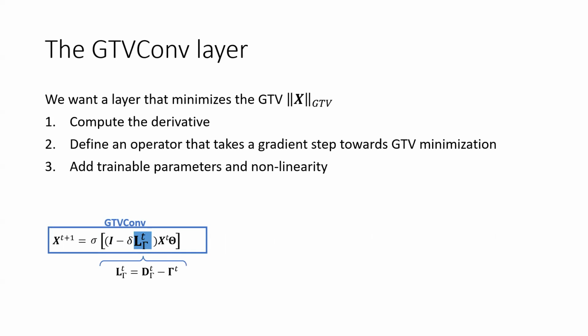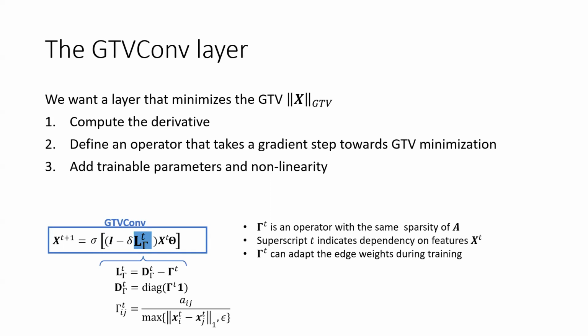Some remarks about the operator L_gamma(t). It is actually a combinatorial Laplacian, where D is a degree matrix and gamma(t) is an operator that matches the same sparsity pattern of the adjacency matrix. In particular, the entry ij of gamma(t) is given by the ratio between the entry ij of the adjacency matrix and the L1 norm of the difference between the features that are on node i and node j.